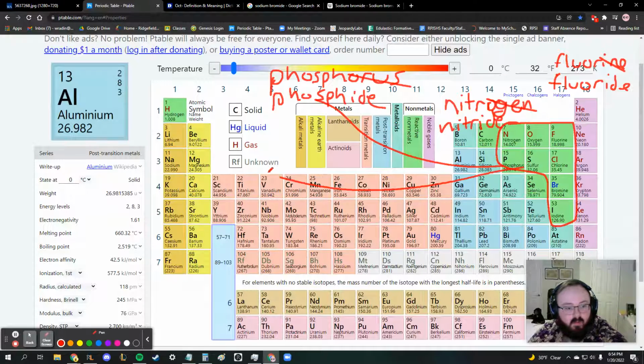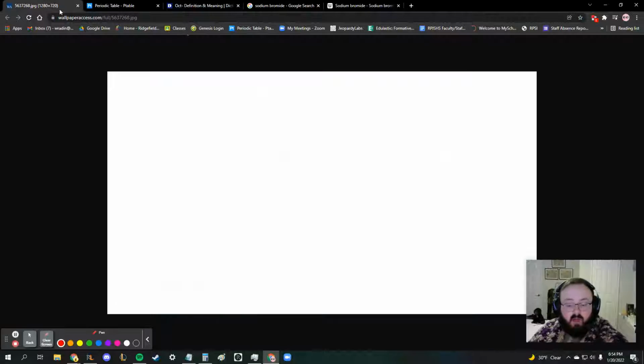Sulfur will become, get rid of the ending, sulfide. Alright, and then these ones, you just get rid of the INE, so we will get chloride, bromide, and iodide. Okay? So that is all for what I would expect us to know for now.